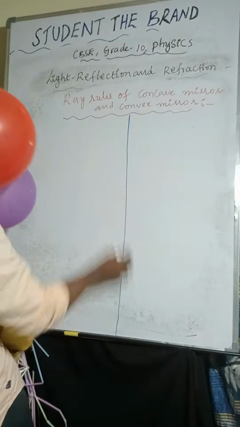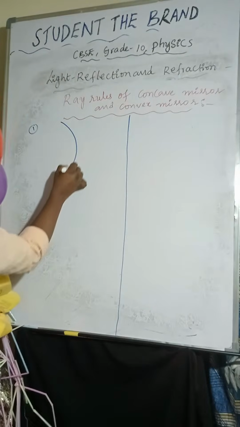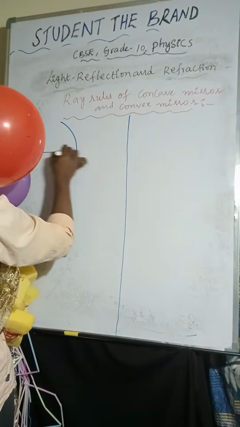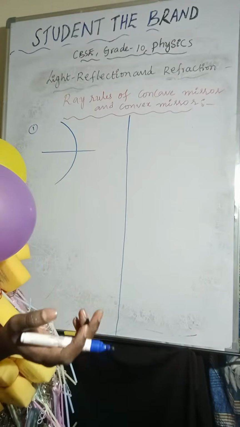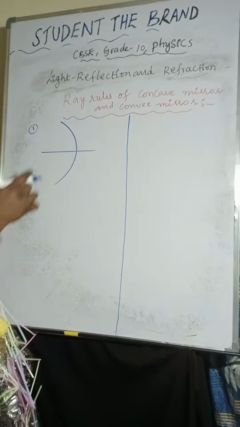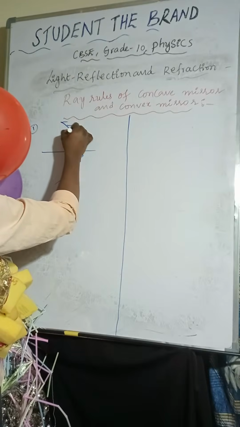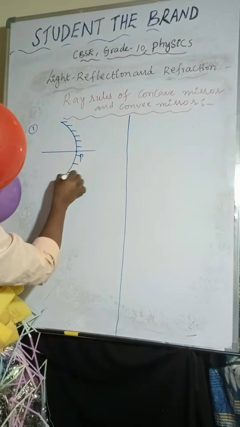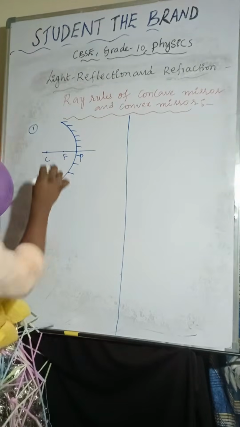Point number one, concave mirror. Till now we discussed pole, focus, center of curvature, radius of curvature; everything we will mention here.